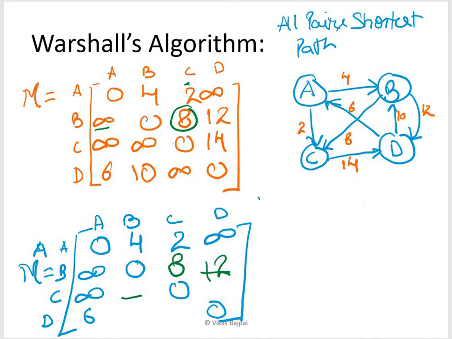For this M of A, C comma B, what we have is this and this.